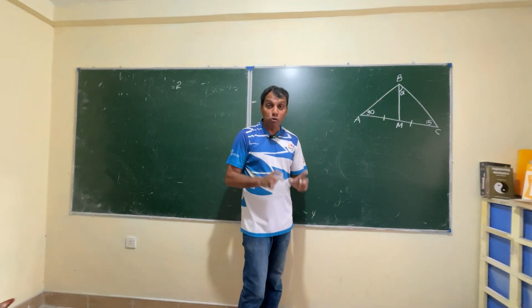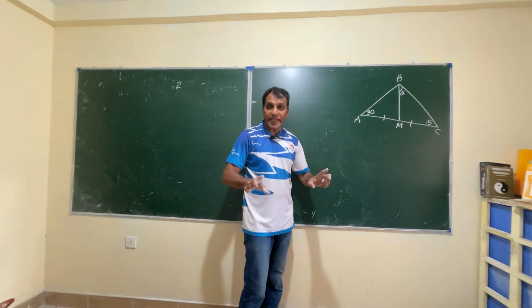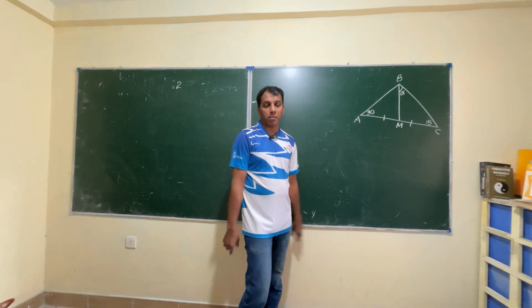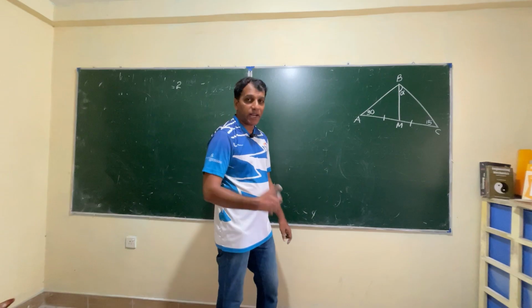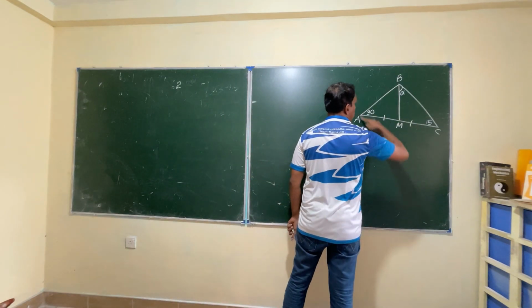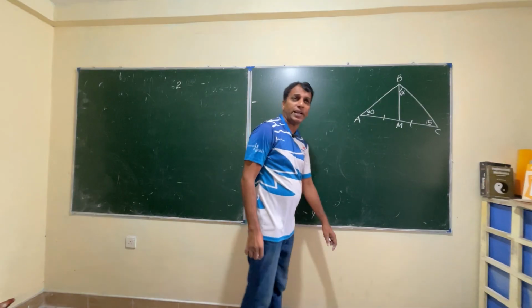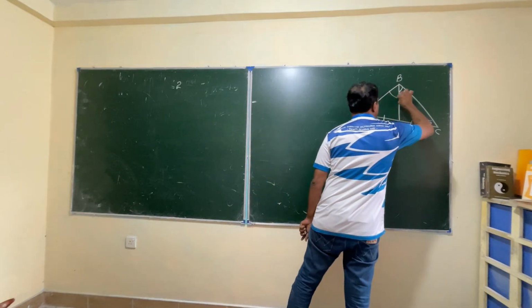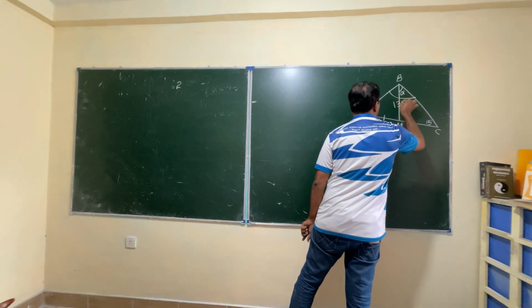My target is all future expected paper questions. If you keep following, the work will make sense for the final exams. See the total: 30, 15, 45 degrees, so this is 135.